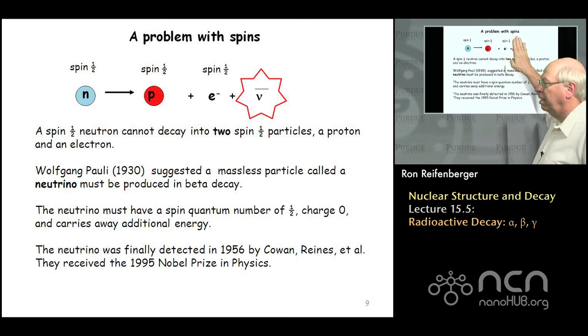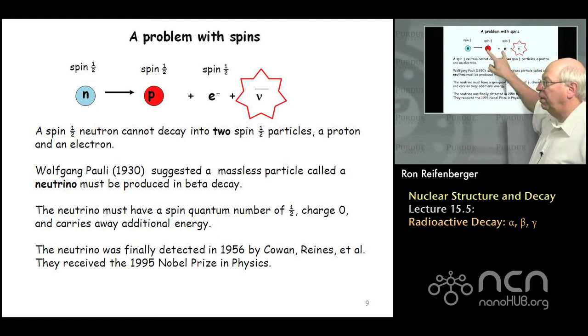Up front, it was realized that there's a problem with spins in this nuclear reaction, because a neutron has spin 1/2, a proton has spin 1/2, and an electron has spin 1/2. These spins are roughly equivalent to angular momentum, and you can see that angular momentum in this nuclear reaction is not conserved. You have spin 1/2 on one side, and 2 spin 1/2s on the other.